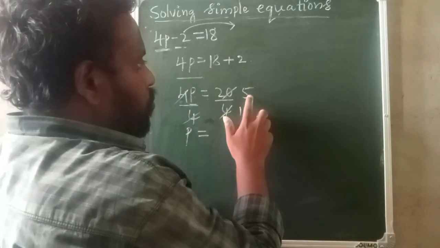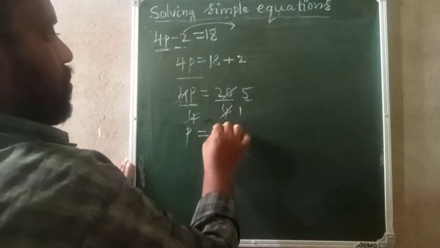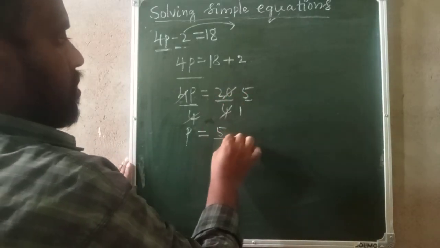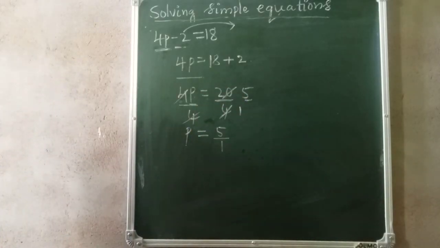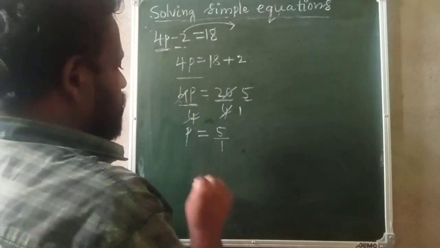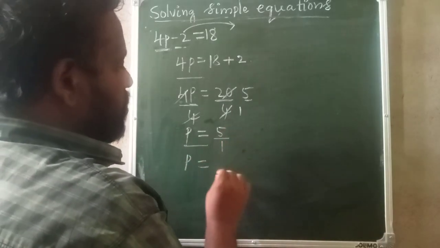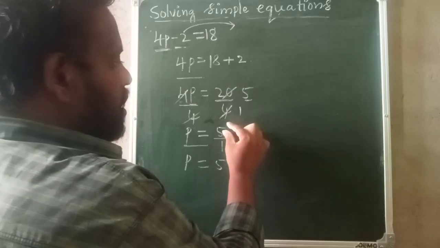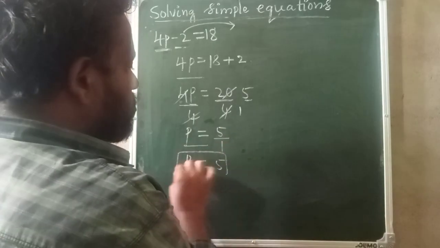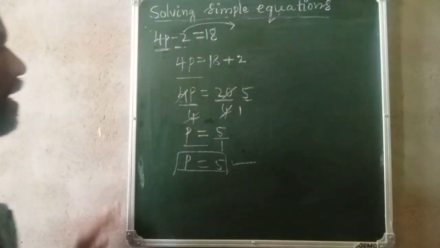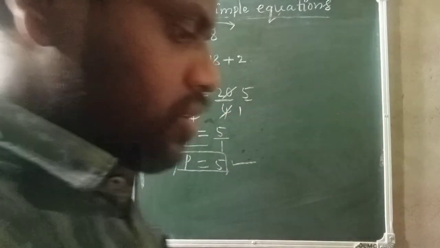So what is left is 5 over 1. Next step, p is equal to 5 by 1, and we get 5 only, because any number divided by 1 gives the same number. So p is equal to 5 is the answer.